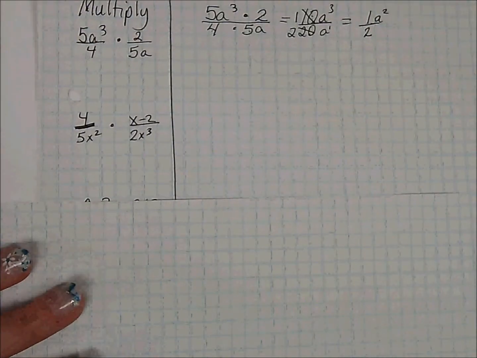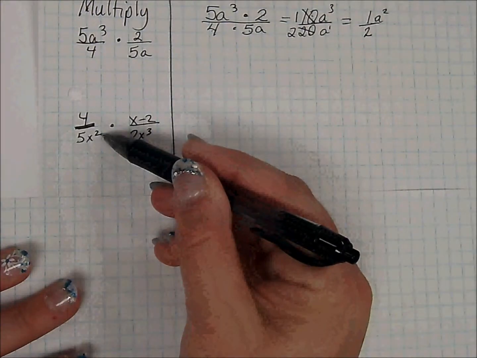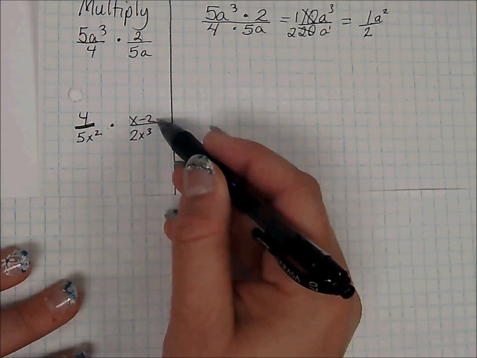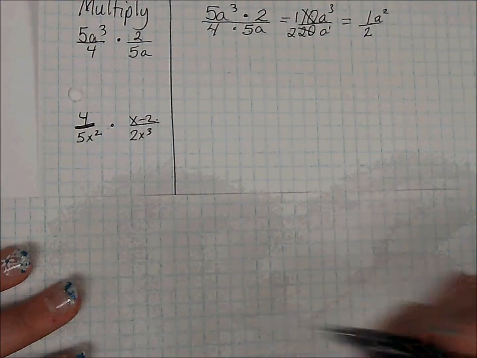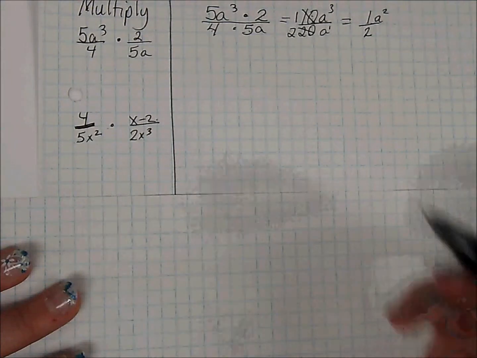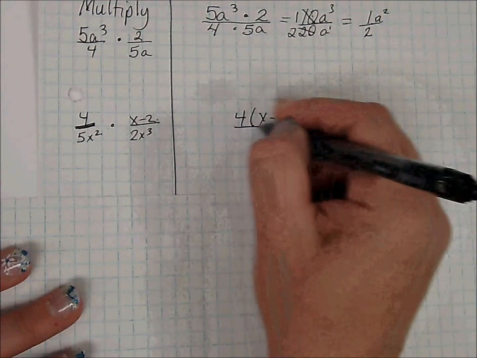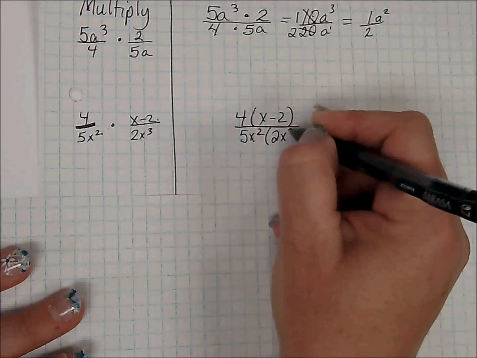All right, let's look at another one. This one, 4 divided by 5x squared times x minus 2 divided by 2x to the third. So again, we're going to multiply the denominators and the numerators. So 4 times x minus 2 on top, and 5x squared times 2x to the third on the bottom.